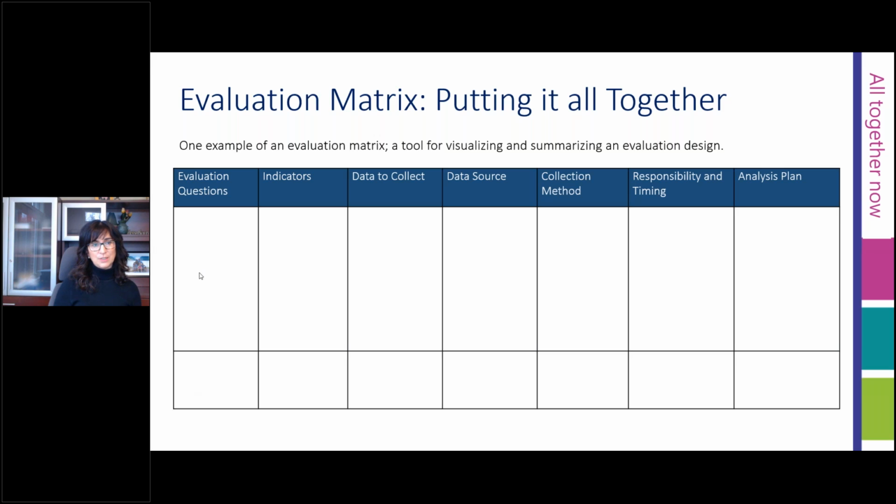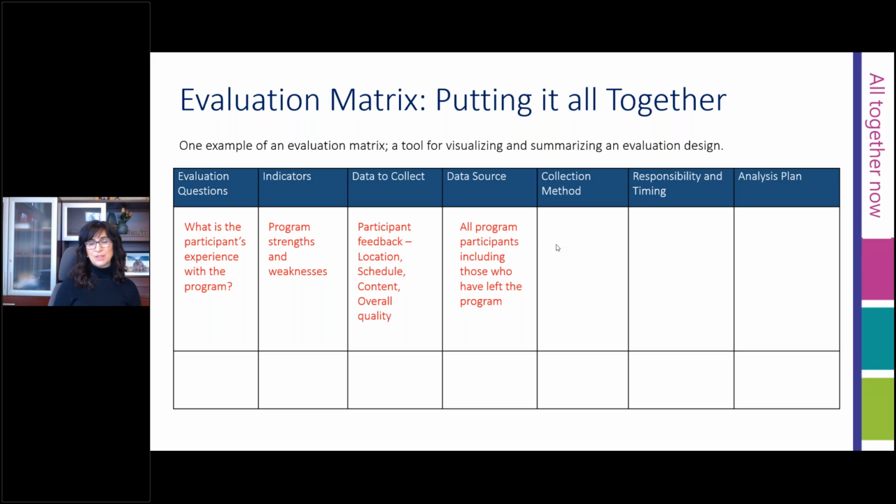So what is your evaluation question? For example, in the example that we're providing, it might be what's the participant's experience with the program? What's going to be your indicator of success, program strengths and weaknesses? What data are we going to collect around it? Where are we going to get the information? How are we going to collect it?